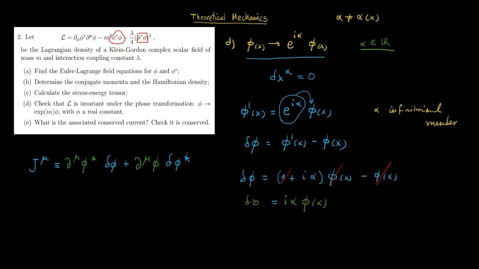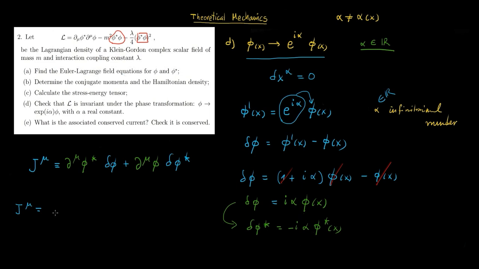So if we have this, then automatically we have this, because we can perform the conjugation of this equation and we will have minus i alpha phi star of x. And the only thing we have to do is to substitute, and that's it. Alpha is a real constant, so there's no star on either alpha.